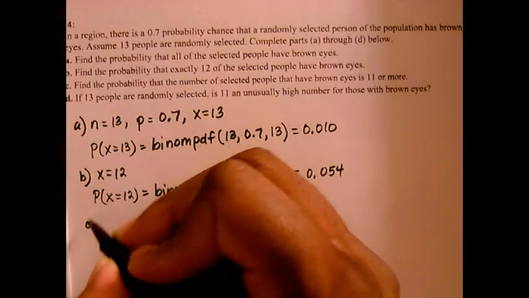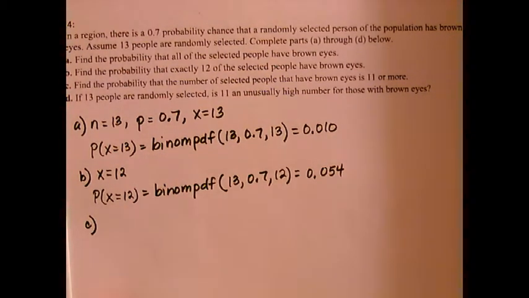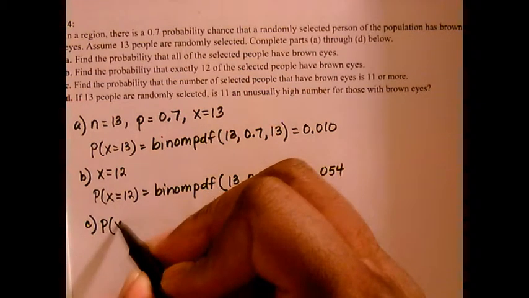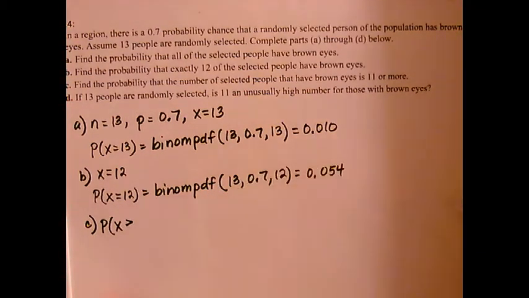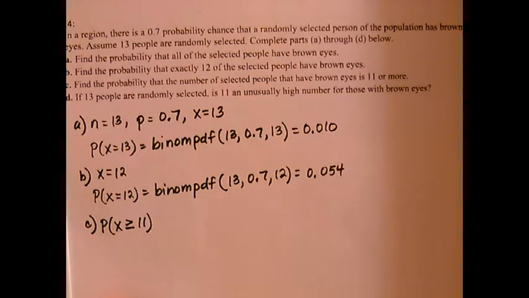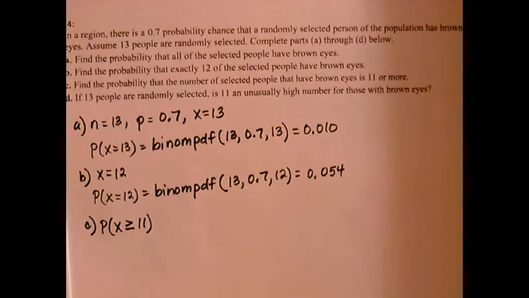Okay, part C. We want to find the probability that the number of selected people that have brown eyes is 11 or more. So this is what we're trying to find, the probability that x is greater than or equal to 11. 11 or more. We know the probability for 12, and we know the probability for exactly 13 from parts A and B, but we need the probability of exactly 11.